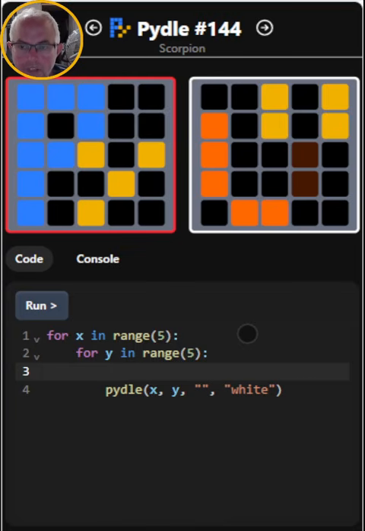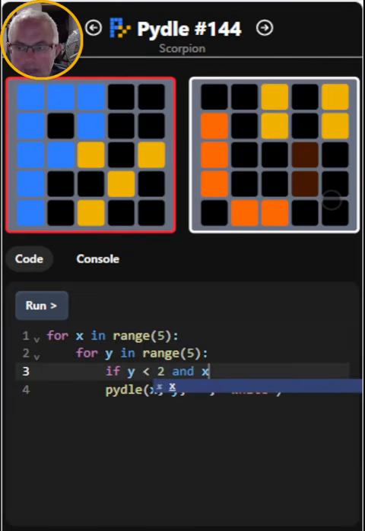So the condition for yellow is if y less than 2, because remember we're counting from the top, so 0, 1, so y less than 2, and x, we're just going to do x in 2, 4.